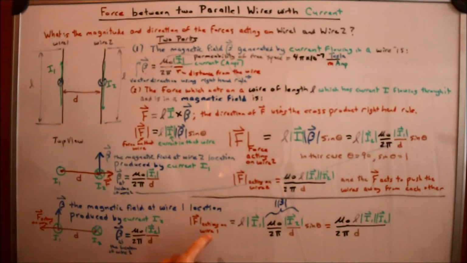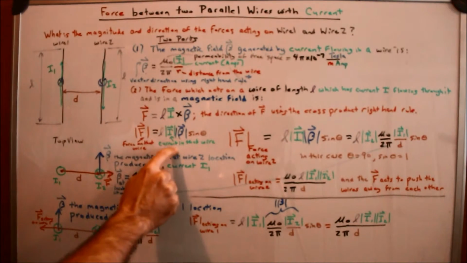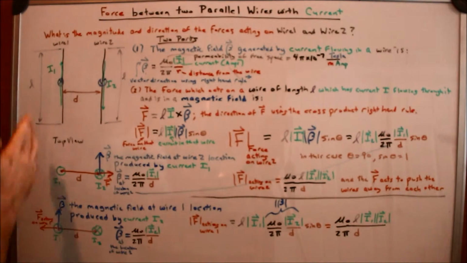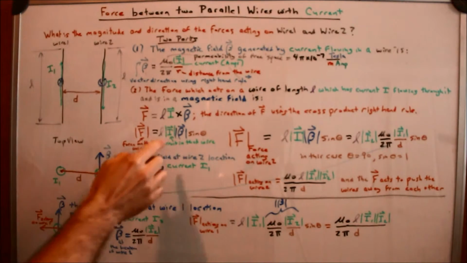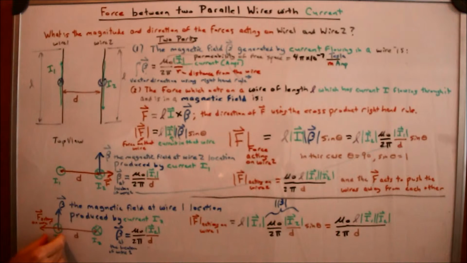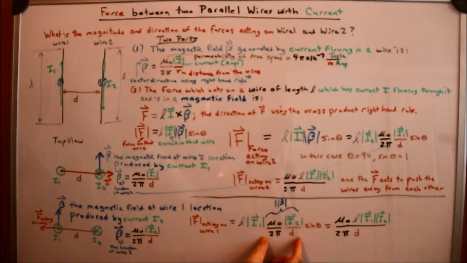Solving now for the force acting on wire 1, it's going to be very similar, and we're going to use the same formula. The length is going to be the same. This time the current flowing through that wire, current through number 1, is I1. And then the magnetic field at the location of wire 1 caused by wire 2 is this term.